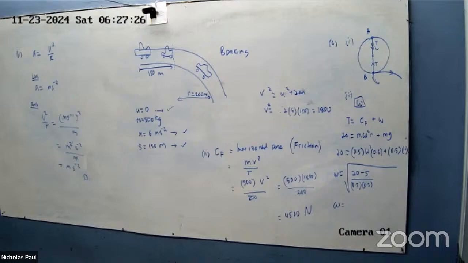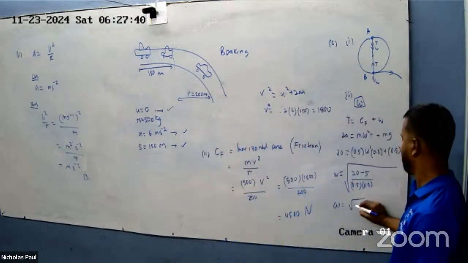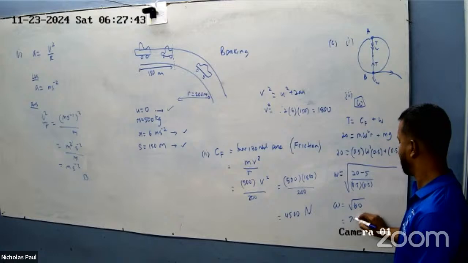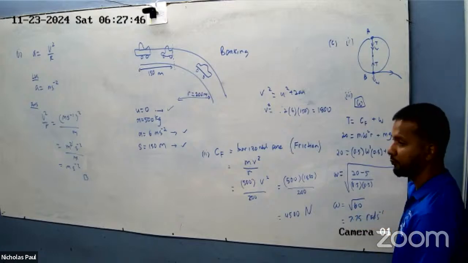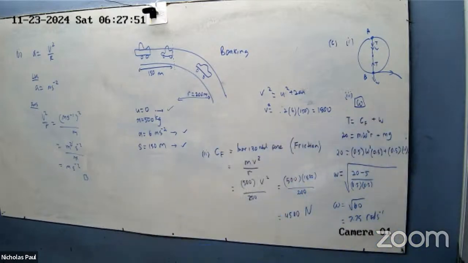That's right. Right, 7.75 radians per second, right? All right, nice.